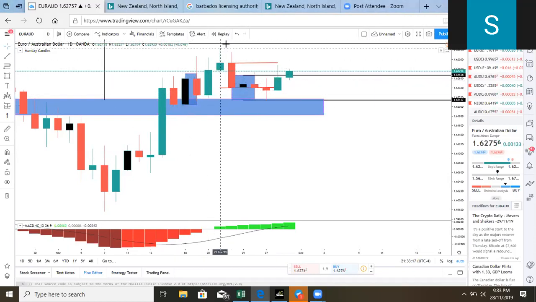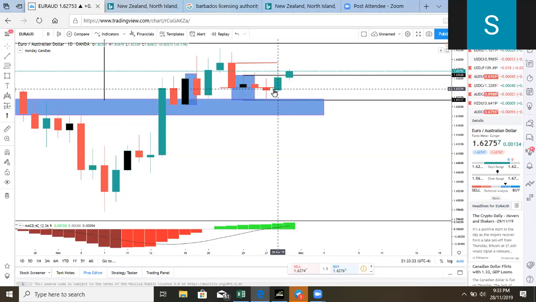Bullish, bullish, retest, bullish, and then it came back down, retested again with that good wick, and then we got the bullish engulfing. So could have come down actually into the market.